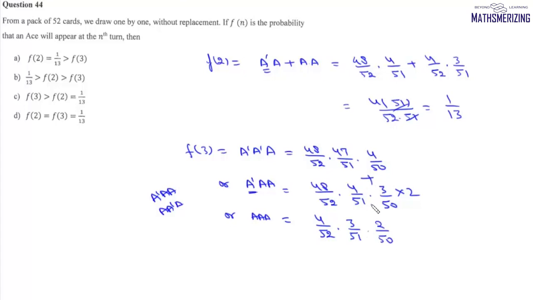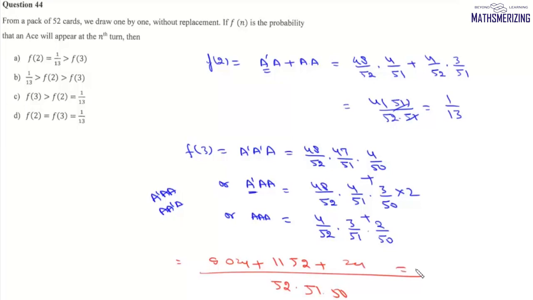We can find F3 by adding all the 3 expressions, 52 into 51 into 50, and then it will be 9024 plus 1152 plus 24, and that should be 10200, and this is 52, 51 and 50.